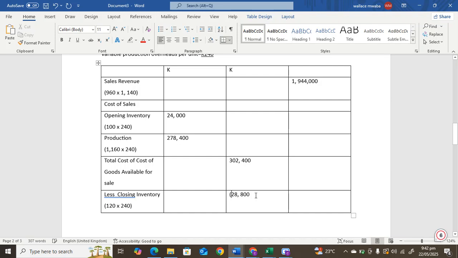So we deduct this from the total cost of goods available for sale so that we get our cost of goods sold. So 302,400 minus 28,800, what do we get?